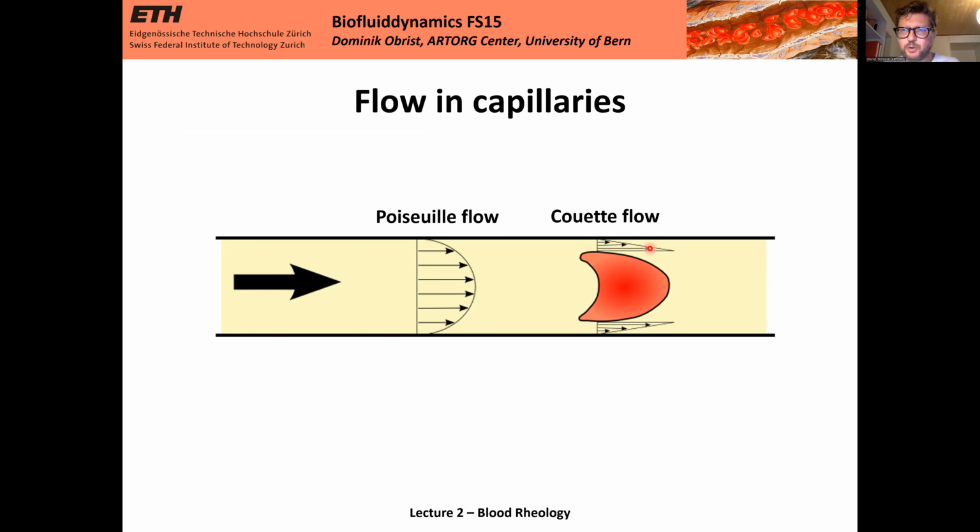That gives us a Couette type flow, perfect shear flow in the small gap between red blood cell and vessel. So we have these two fundamental types of flows, and of course there are regions where we have a mix of the two. If we have many red blood cells close together, we mostly have the Couette flow, and if we have sections with very few red blood cells, we have mostly the Poiseuille flow.